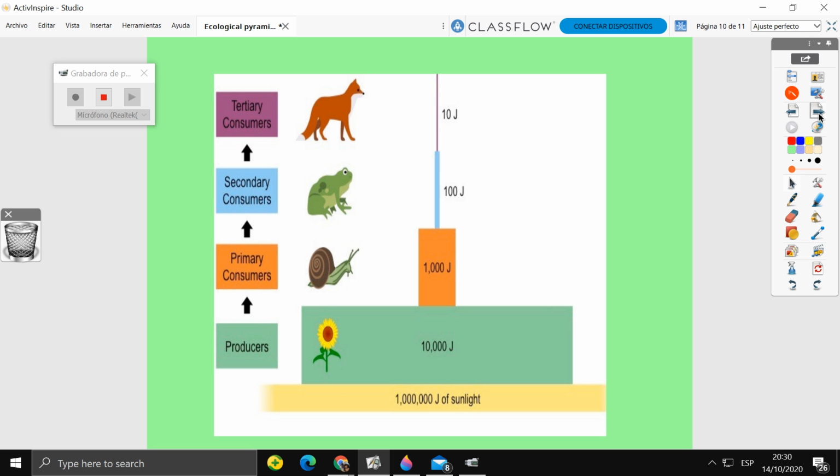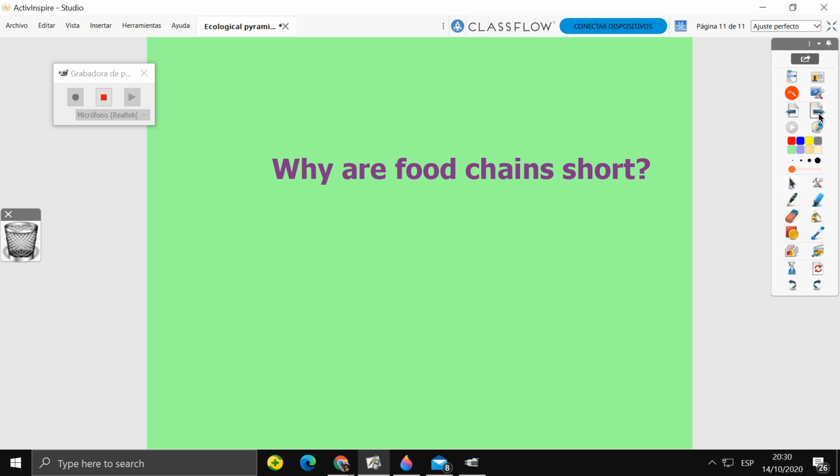The producers consume most of the energy, basically living, and the remaining energy that is available in their bodies passes to the primary consumers, and so on. So after this short explanation, you must be able to answer this question: why are food chains generally short?